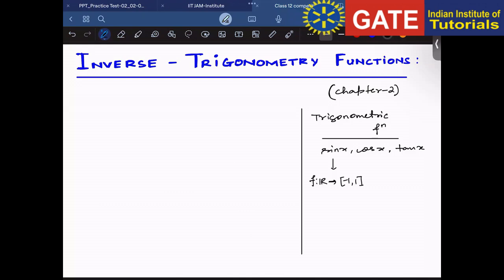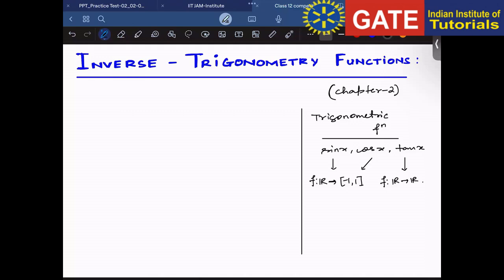Same for cos x: the input was the set of real numbers, and the output was between -1 and 1. And tan x was a function from the set of real numbers to the set of real numbers. I'll show you the graph, and that time you'll understand. Fine.